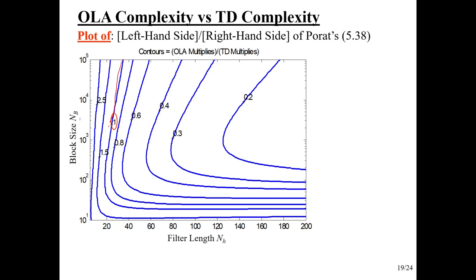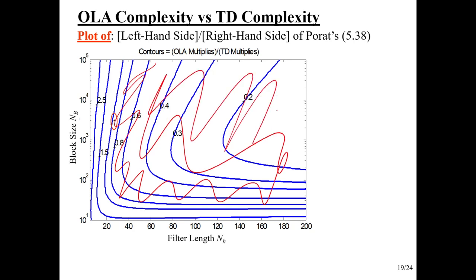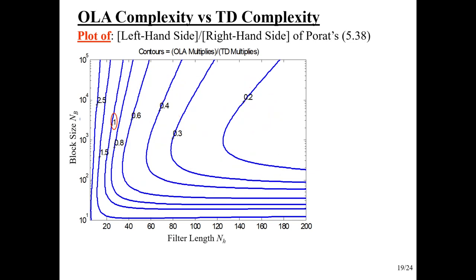This contour here is the special one. That's the one that has value of 1. Notice that moving in this direction takes me to smaller contours, and moving in these directions takes me to a larger contour. So that means everywhere up here, OLA is better than direct. So that's how we analyze this.